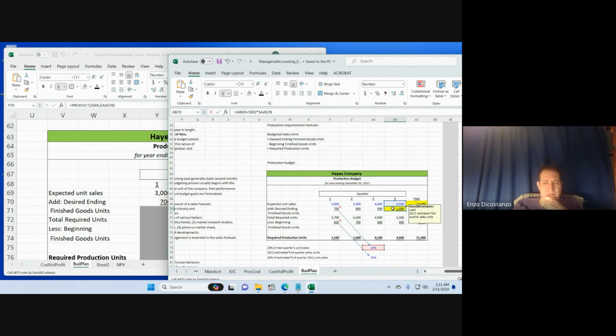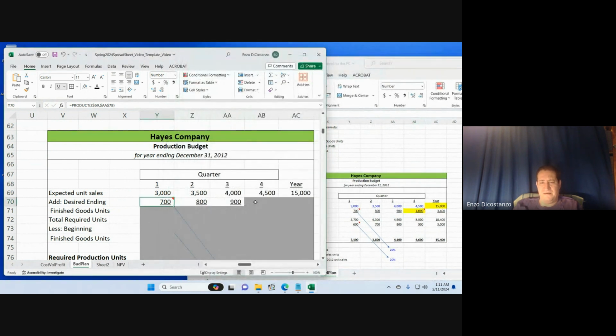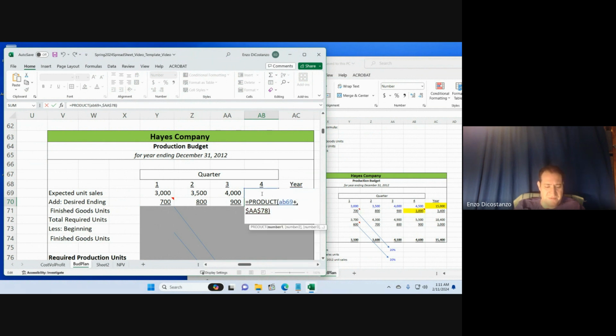So, yeah, I just did the easy version here of this. So what we did, we'll do it like this. Say Control R to get the formula over. And instead of referring to that end of year number, what you'll do is pull out AB69, and then plus 500 more, just to make life easy.